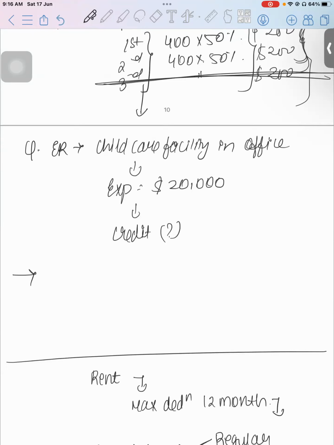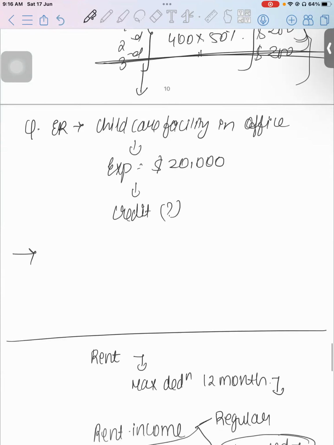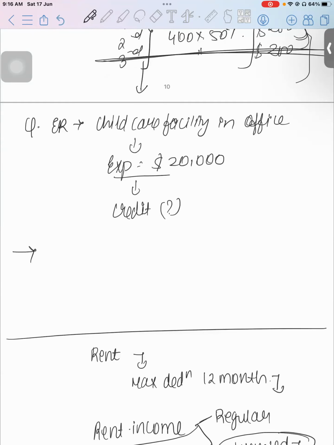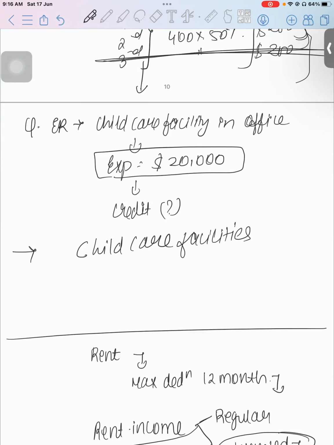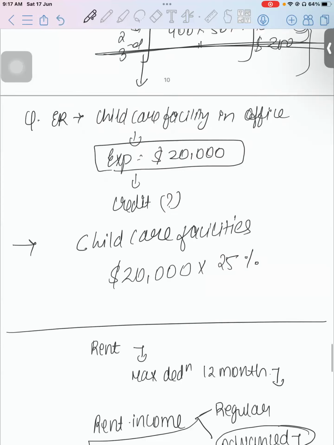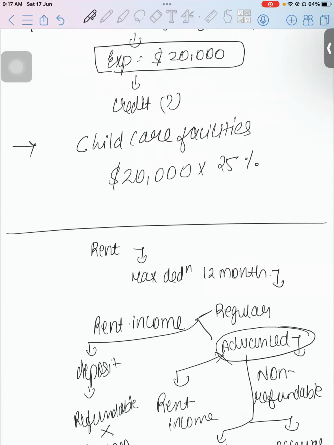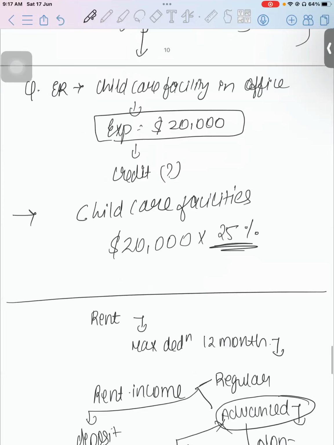Next is a childcare facility the employer has provided. The expense they have incurred is 20,000. So how much was the percentage for the childcare facility? 25%. 20,000 into 25%. Okay, so you'll have to remember all these percentages.